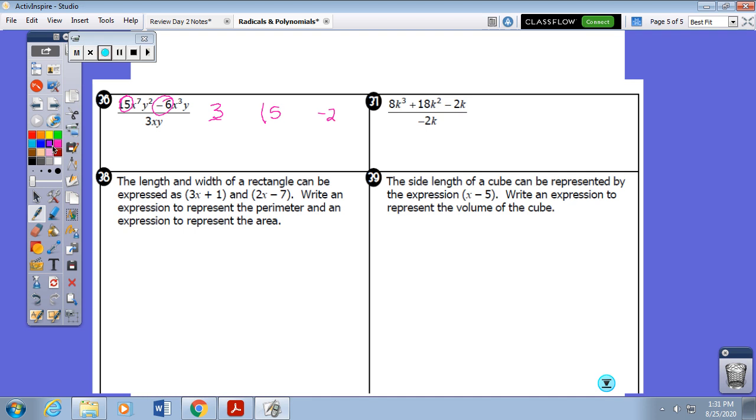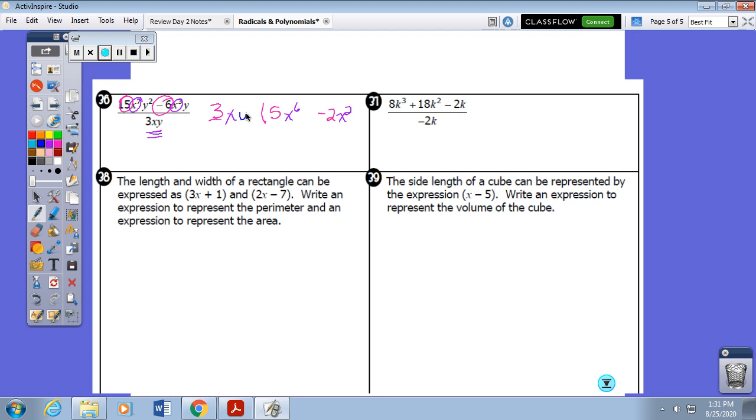Then I'm going to look at the x's. X to the 7, x to the 3rd. Well, I see this here and I'm thinking I need to cancel that. So I'm going to pull just one x out. So then I have 6 left over here, and I have 2 left over here.